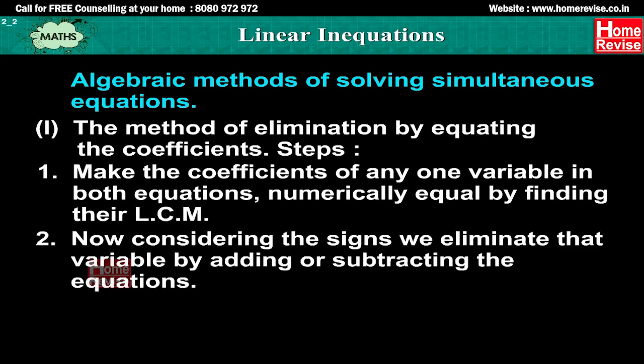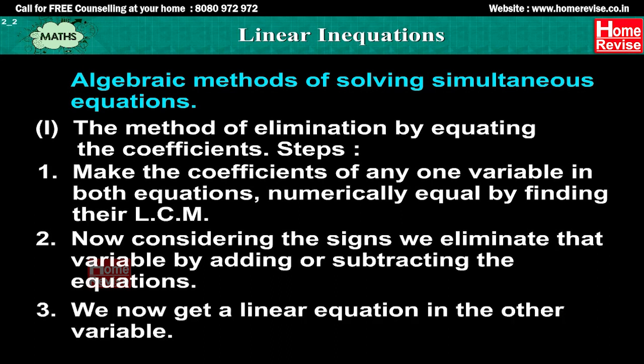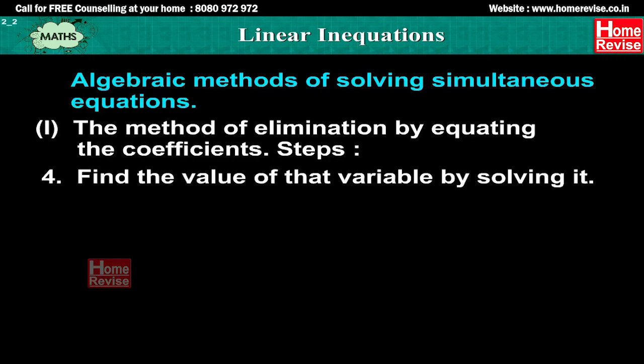Second, now considering the signs, we eliminate that variable by adding or subtracting the equations. Third, we now get a linear equation in the other variable. Fourth, find the value of that variable by solving it.